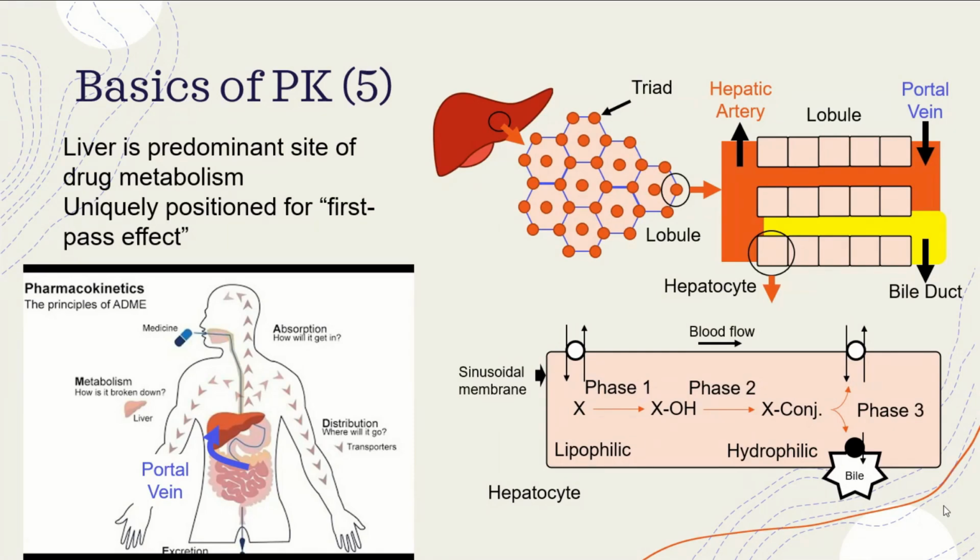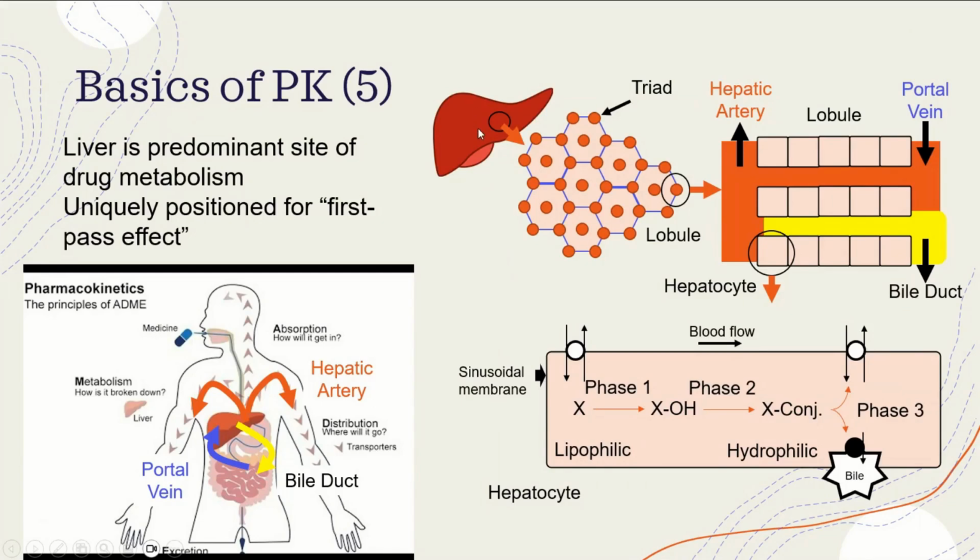Now the liver is going to take this drug, and it can release it into the circulation through the hepatic artery, and now it's going to be distributed throughout the organism, or it can take it and pump it into the bile duct, where it can go back into the intestines and into the feces.